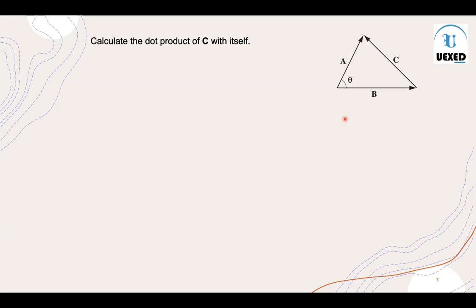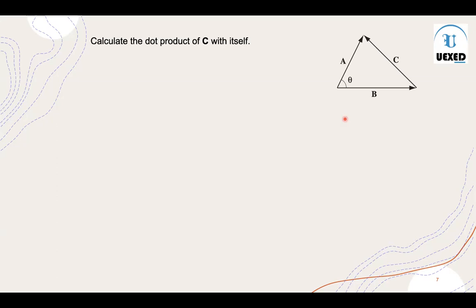A minus B. Okay, good. So then the dot product will be then? A square minus B square, I think, sir. Anybody else? So dot product of C is C square. C square equals A square plus B square minus twice AB cos theta. Are you sure?